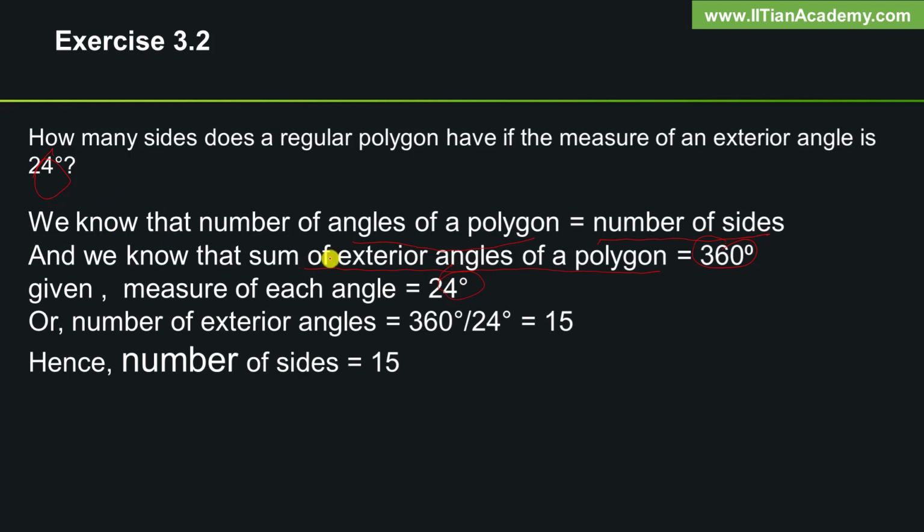So the number of exterior angles equals 360 degrees divided by 24 degrees equals 15. Hence, the number of sides equals 15.